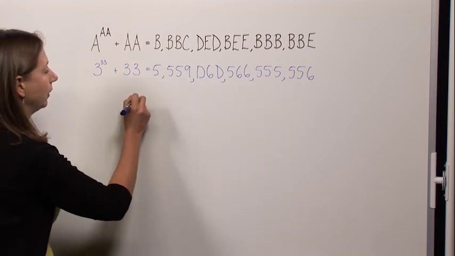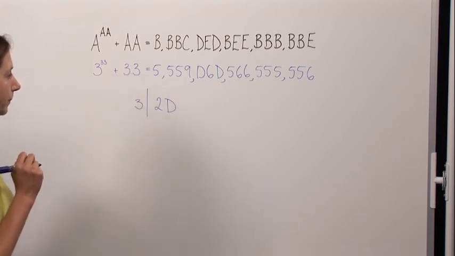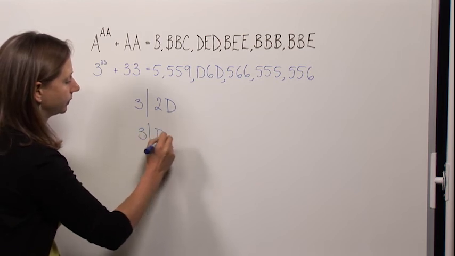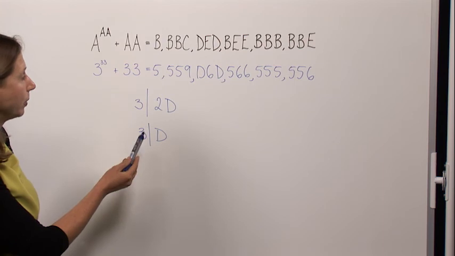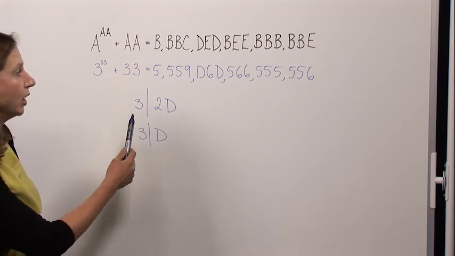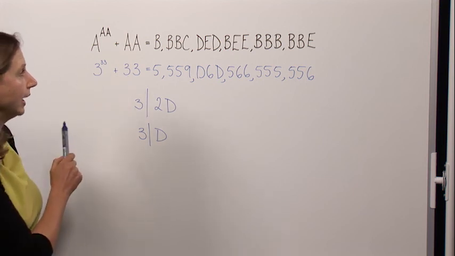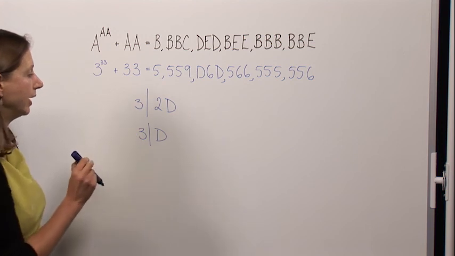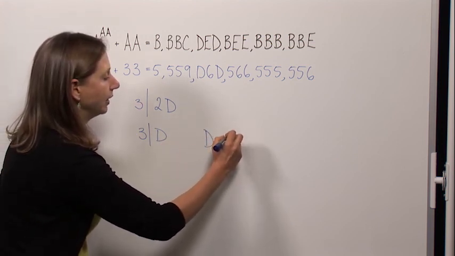So we are left with 3 divides 2D. And that means that 3 must divide D. And so we can think about the possible options for D. It could be 3 or 6 or 9, although it can't be 3 because A already is, and they had to be different digits. And it can't be 6, and it can't be 9, and there's only one option left, and that is that D is 0.